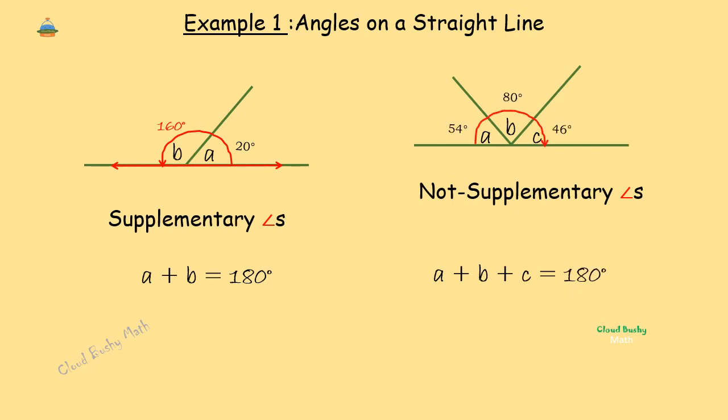This is because together A, B, and C make a straight angle. Now, for angles to be supplementary, there should be only two angles. That means angles A, B, and C are not supplementary.